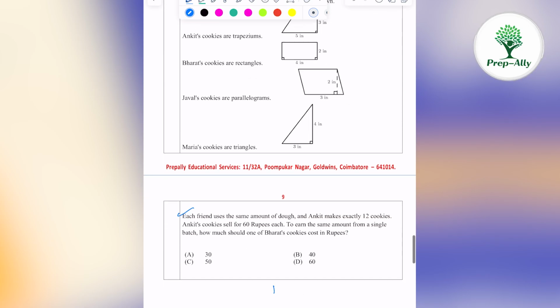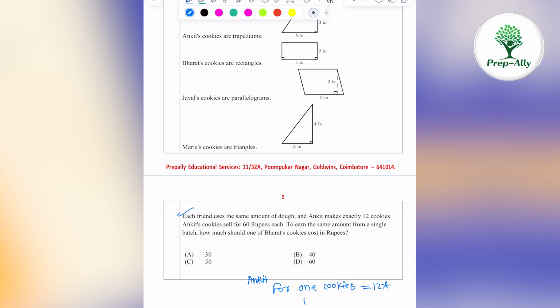So for one cookie, this is for Ankit, he requires 12t.